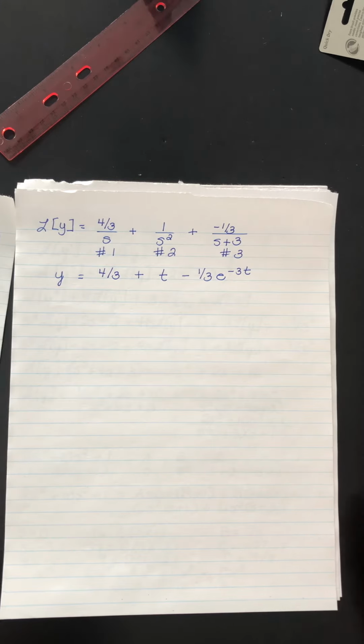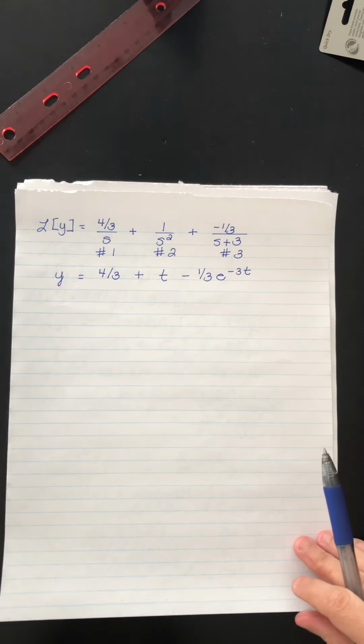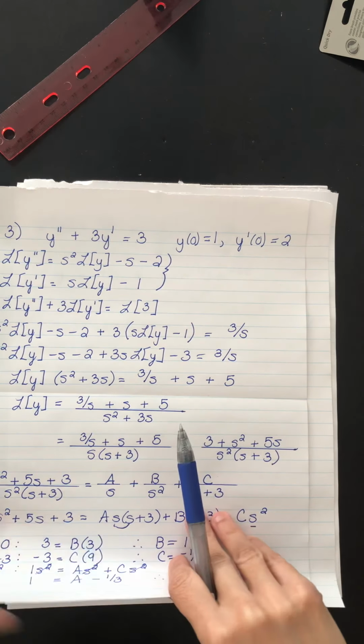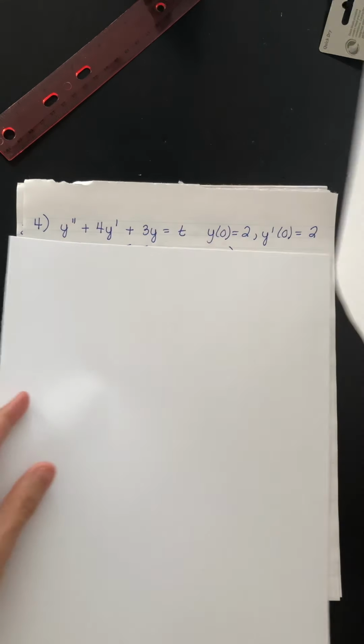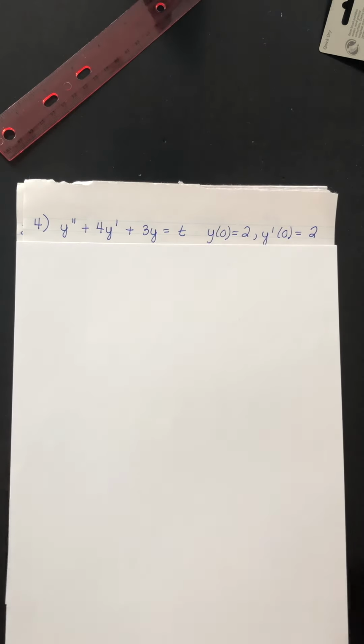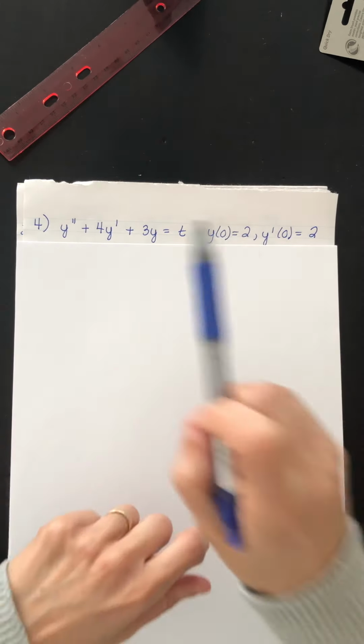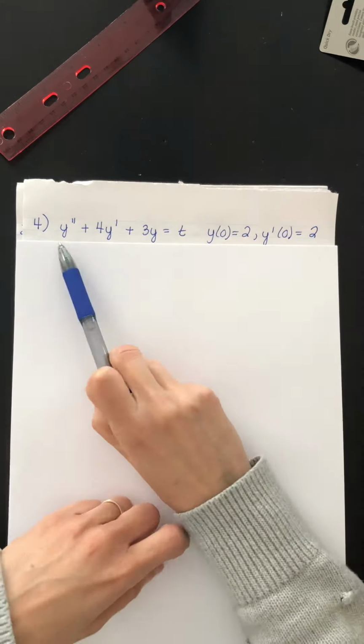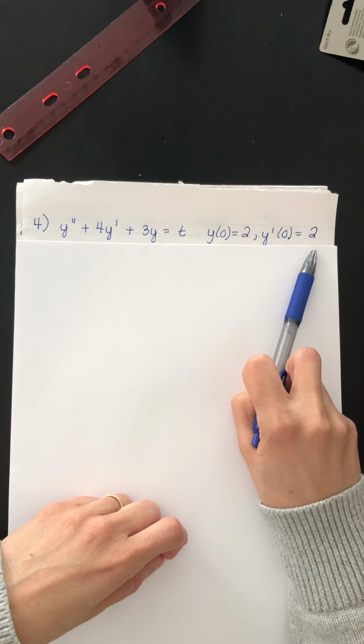Okay, we're gonna do one more that also will require partial fractions. So this is our 4th example overall, the second in this video. Here's the original equation with the original initial values.